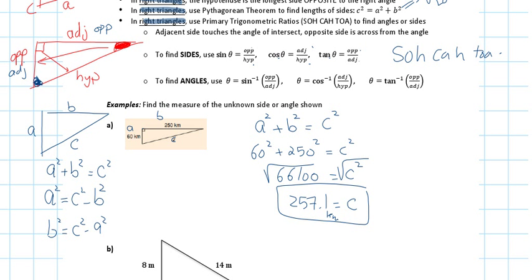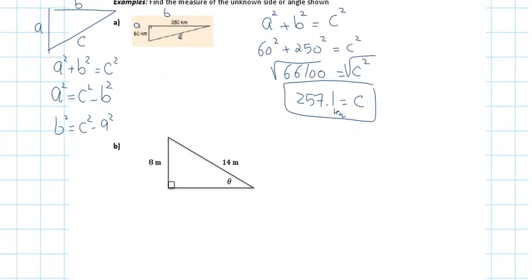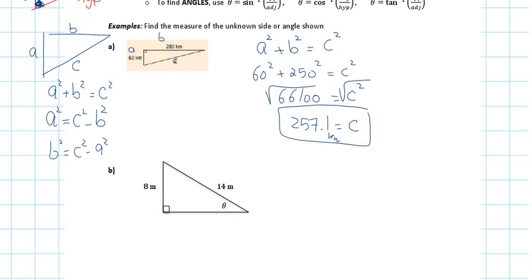Are we okay with this? So for B, it's asking you to solve for the angle, right?